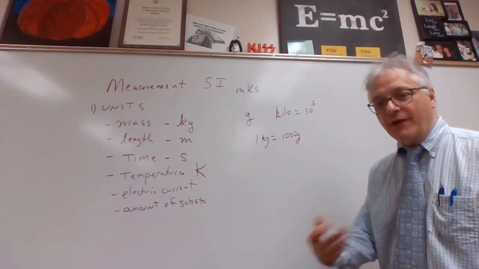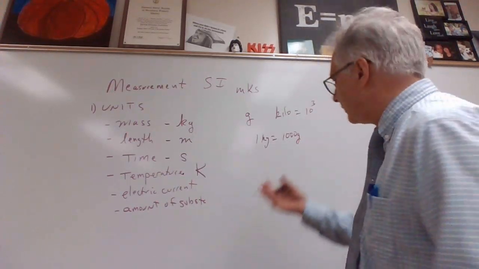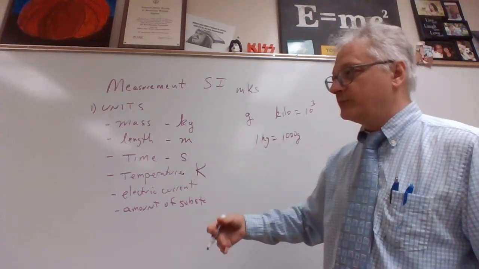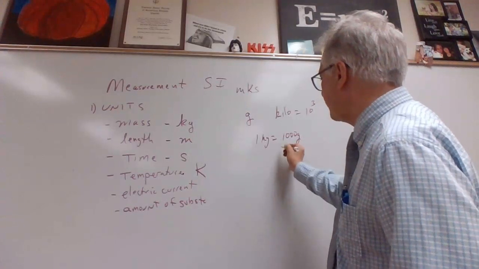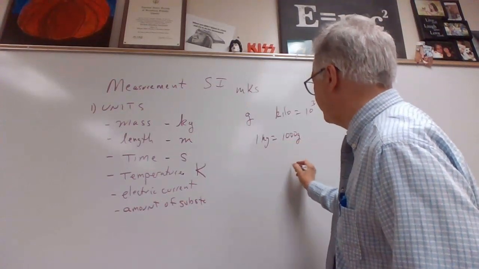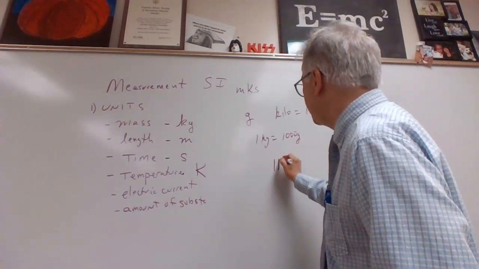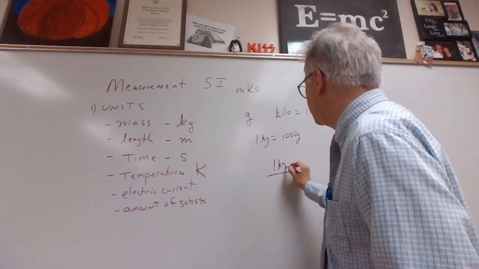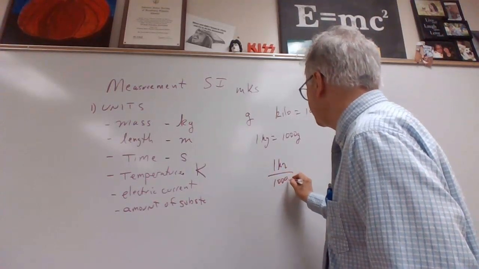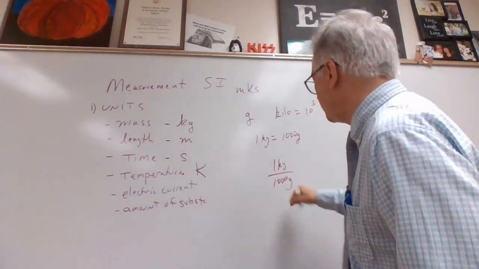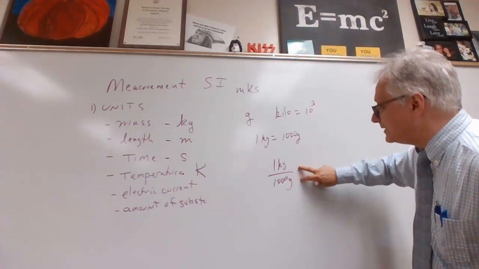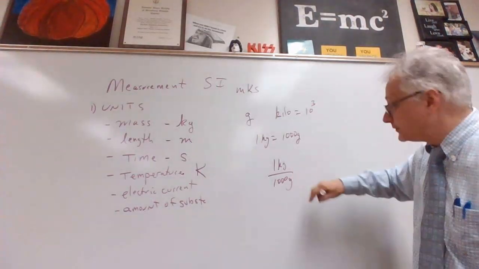So it's important that if you have to convert back and forth from kilograms to grams or grams to kilograms, you know what you have to do. We set up, as a matter of fact, something called a conversion factor. I could write it as this: 1 kilogram over 1,000 grams. Since these two things are equal to each other, we can come up with an identity here and use this to solve problems.